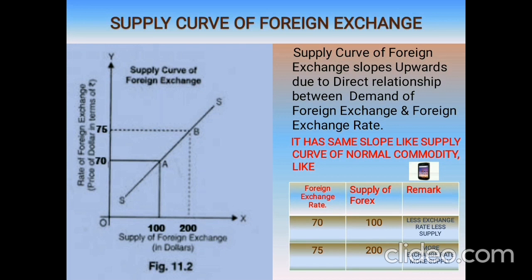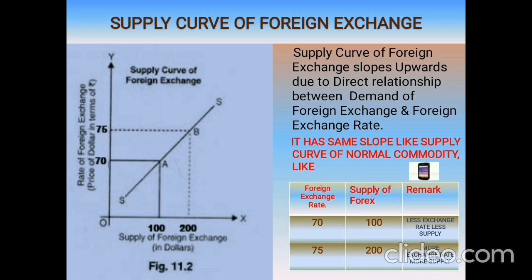It means when the rate of exchange is increased from 70 to 75, the supply of foreign exchange is increased from 100 units to 200. It has the same slope as the supply curve of a normal commodity like food.